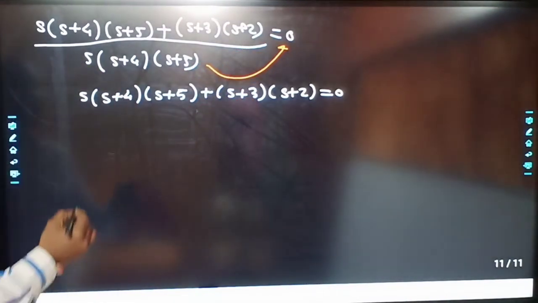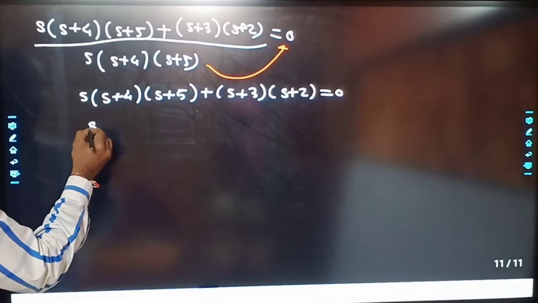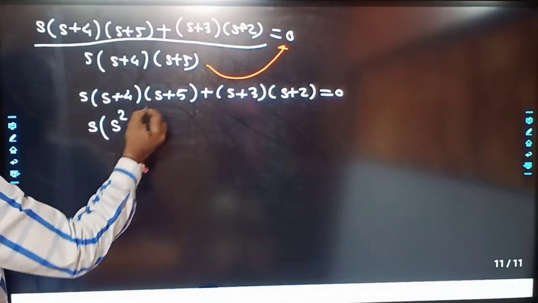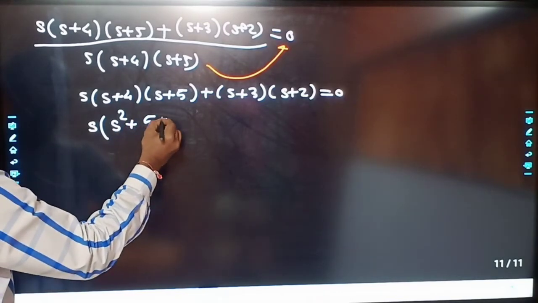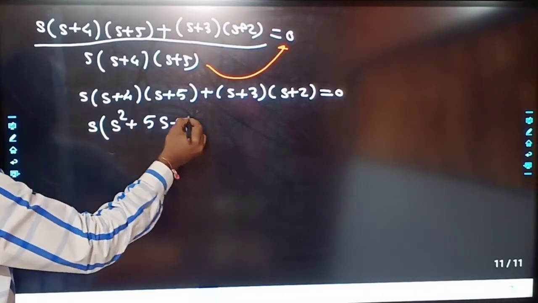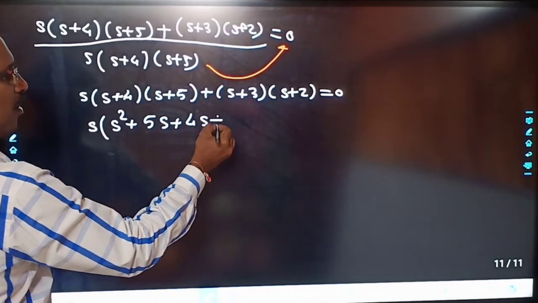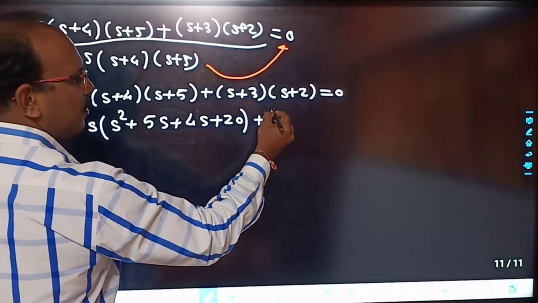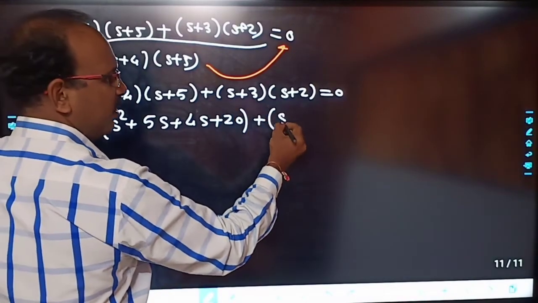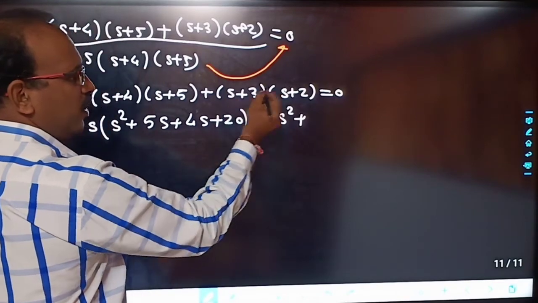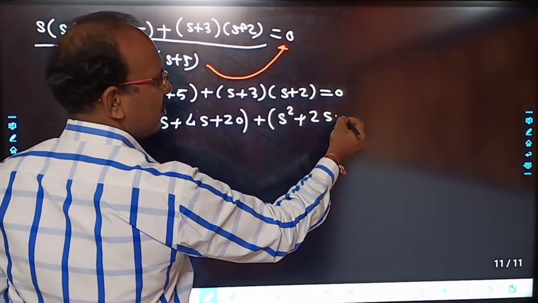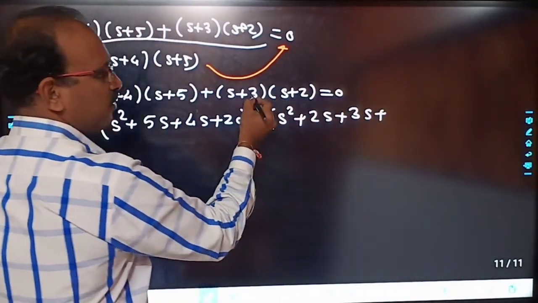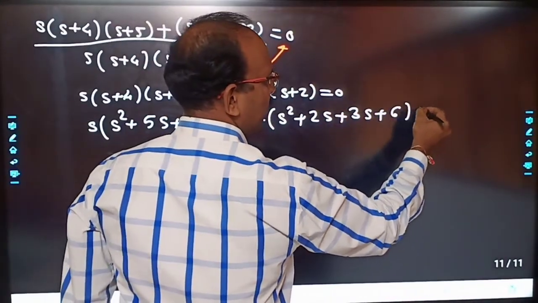Now we have to solve the bracket. First I want to solve this: S into S square, S into 5 is 5S, plus 4 into S is 4S, plus 4 into 5 is 20, plus I will solve this: S into S square, S into 2 is 2S, plus 3 into S is 3S, plus 3 into 2 is 6, equals 0.